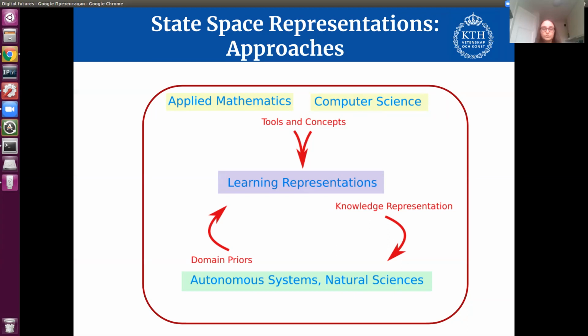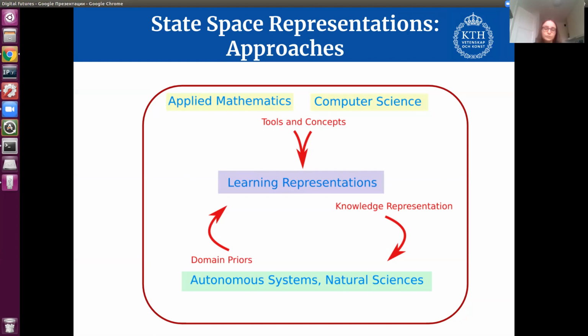On the one extreme, we can think of methods that are becoming increasingly popular now that are purely learning-based. On the one hand, it's very appealing to say that you have a machine learning model that just solves the problems for you completely. But on the other hand, when you work with complex systems like robots, you soon realize that you need to introduce some sort of domain knowledge and domain priors.